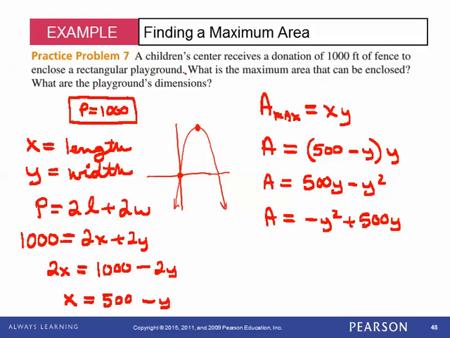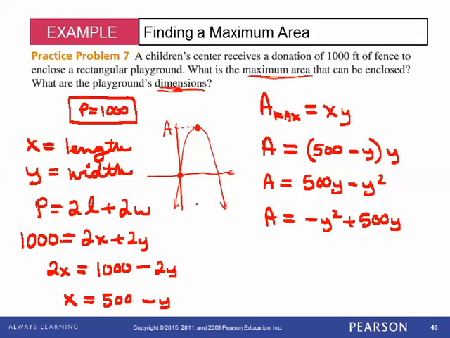If I'm talking about what is the maximized area enclosed, that means I want the y coordinate, right? I want the area itself of this graph. I want this one right here. What are the dimensions? Once I enter dimensions, now I want the x coordinate. I want the input values for those.